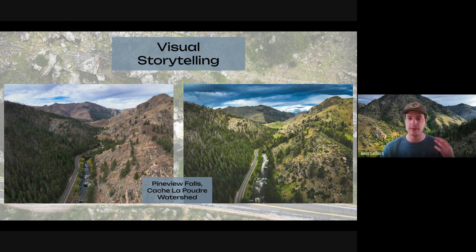And having the public understand what's happening at these sites is really key for support. And the support is really necessary to implement restoration on a scale in the landscape that will move the needle on some of these degraded systems, especially with climate change posing so much challenge in these watersheds. Just having everybody understand what's going on and how useful it is is really key for that widespread adoption.